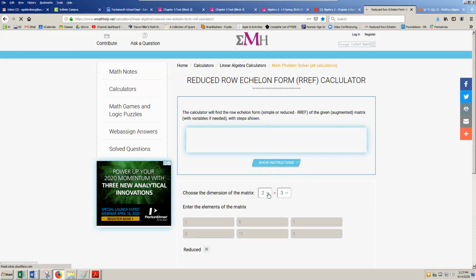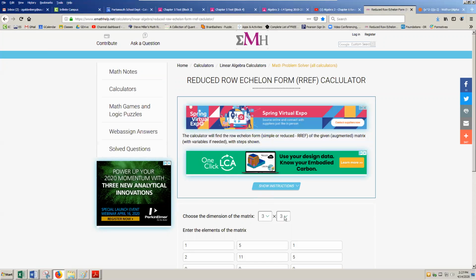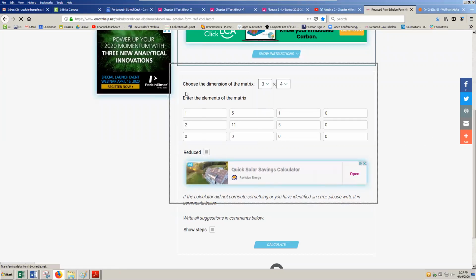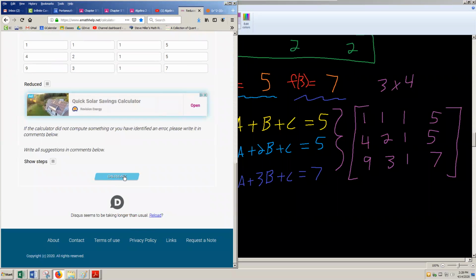Here I've got, again, a 3 by 4. In terms of my values here, let's see what we got. So we've got 1, 1, 1, 5. Then I got 4, 2, 1, 5. And then I got 9, 3, 1, 7. Yep, there we go. And then I'll just go down here to calculate.